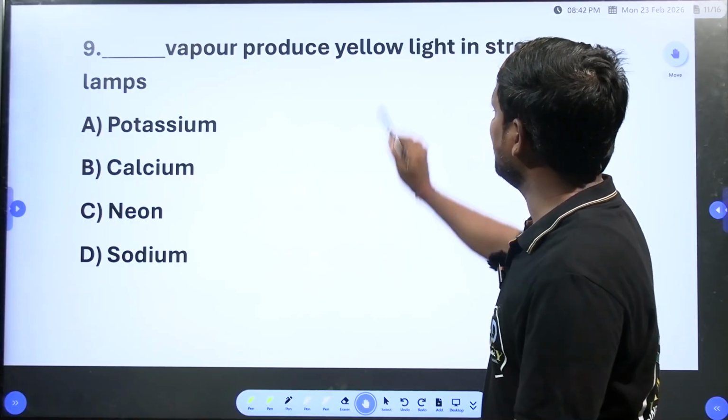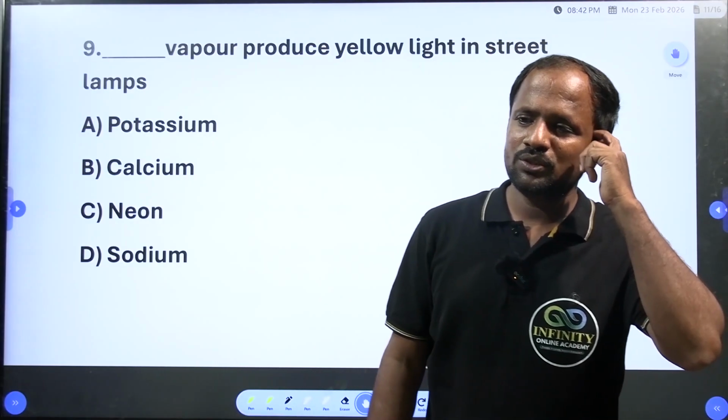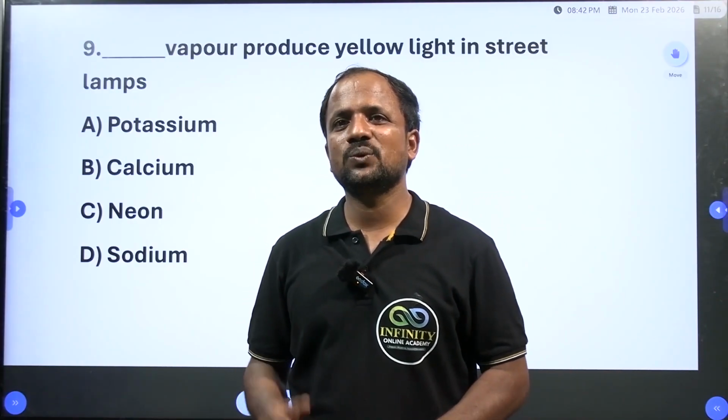Next: dash vapor produces yellow light in street lamps. So sodium vapor is the answer.